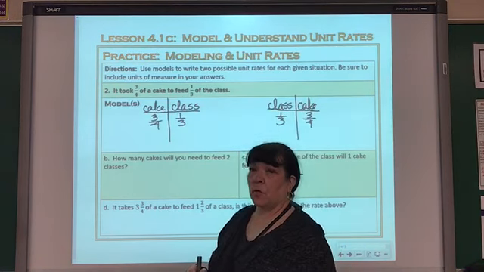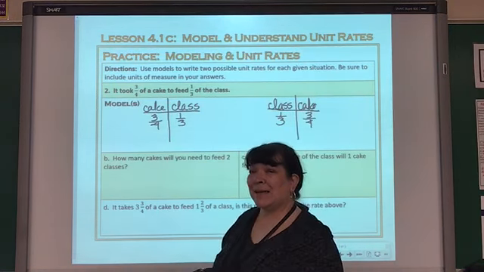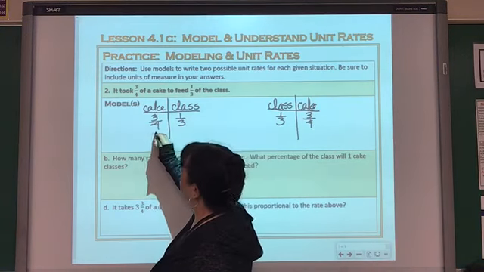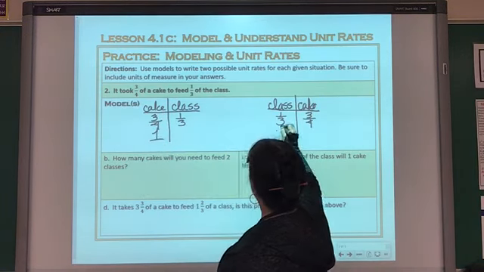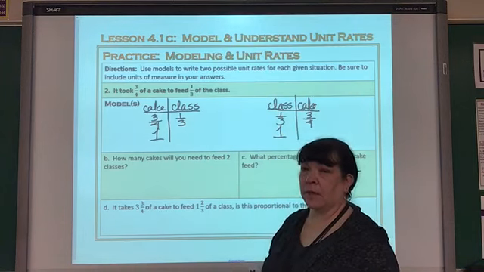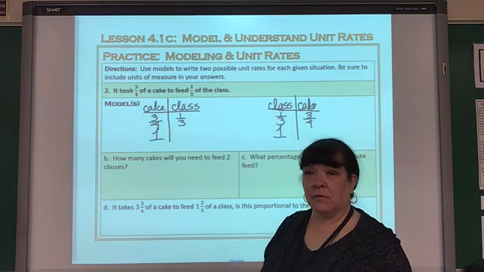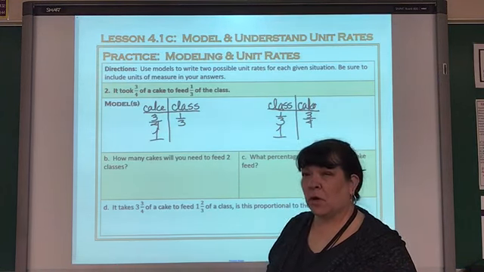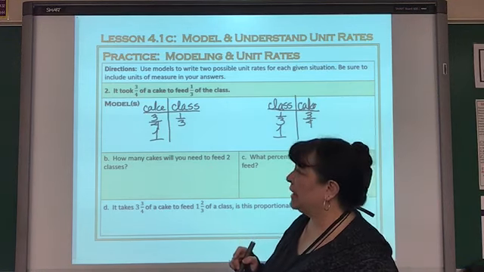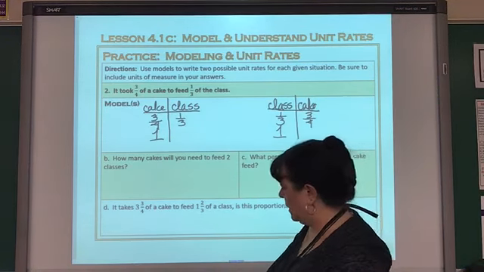Remember, to make it a unit rate, my first column needs to be 1. I need to now figure out what it takes to change 3/4 into 1.